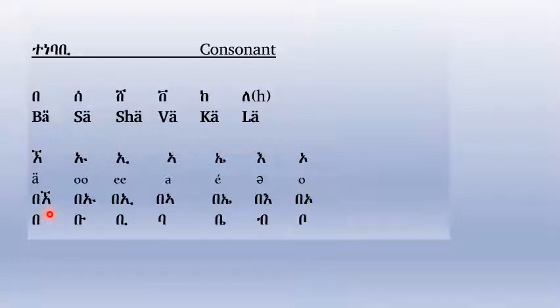So let's go further. Now, if you see here, be and be, they are the same, because this be already has the vowel in it. So whether you say this one or this one, it's the same. But here it is a bit different.